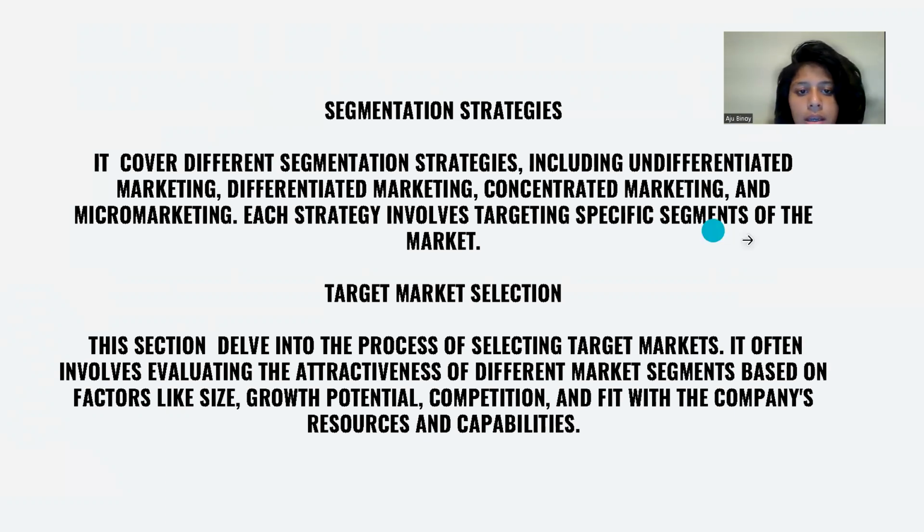And let's get into the segmentation strategies. The chapter covers different segmentation strategies, including undifferentiated marketing, differentiated marketing, concentrated marketing, and micro marketing. Each strategy involves targeting specific segments of the market.